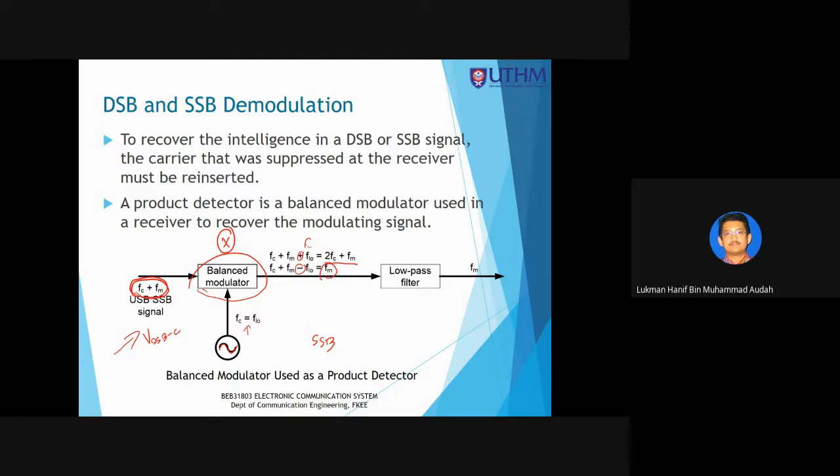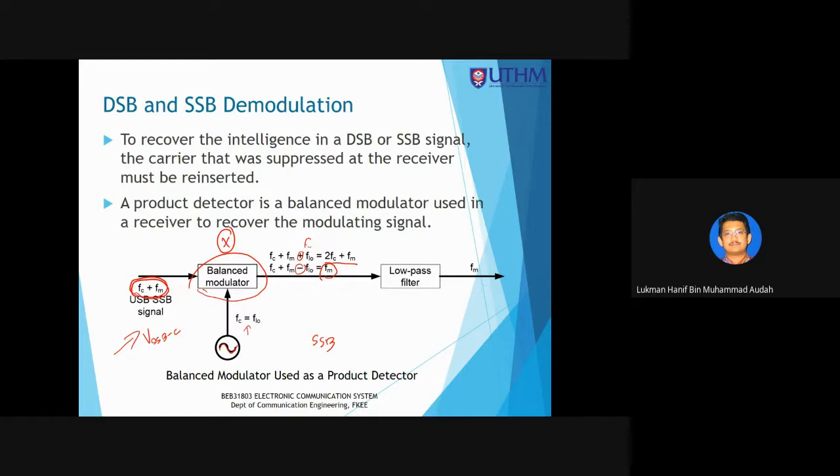So we produce two components at the output of the balanced modulator, satu high frequency, satu lagi low frequency. Okay, so in this case, we want to have the final product of a lower frequency signal, which is the original message signal, Fm.